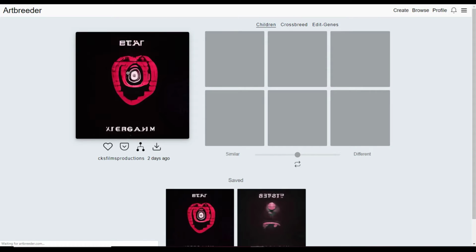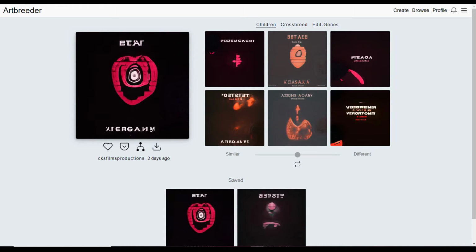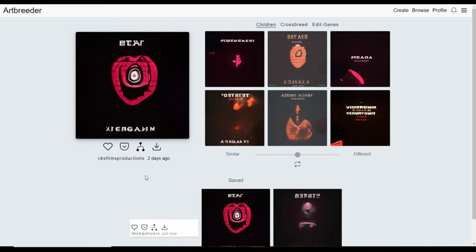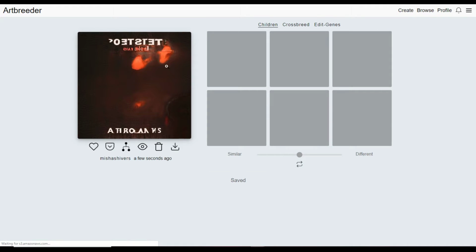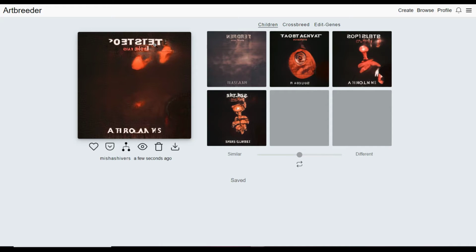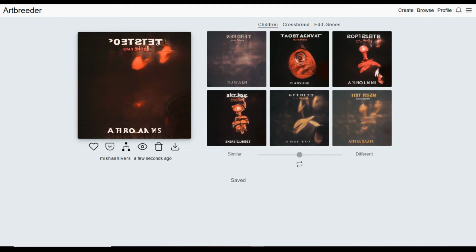I also like that these simulate letters, but are not letters. Wow. This one looks like letters, but backwards. Testio, Tetsio, and then some Russian-looking letters.